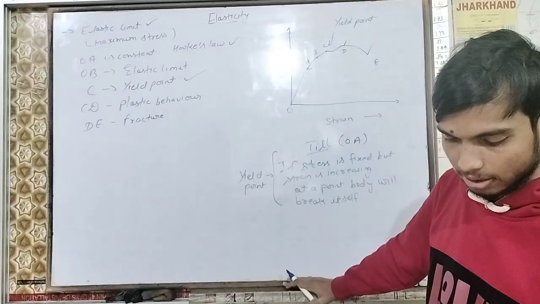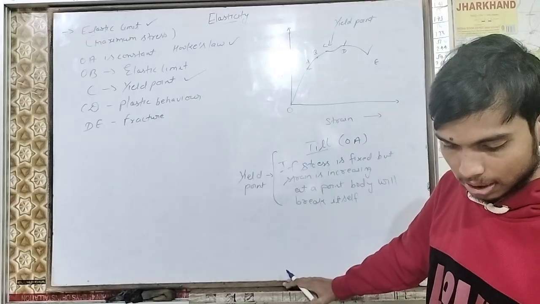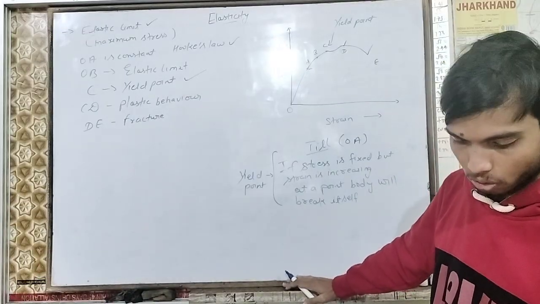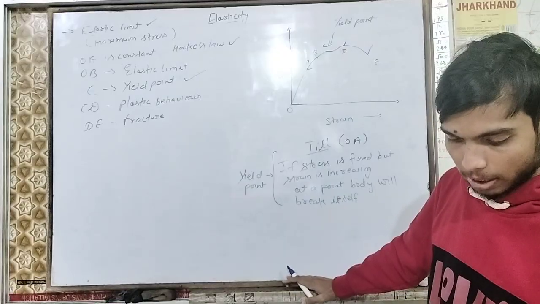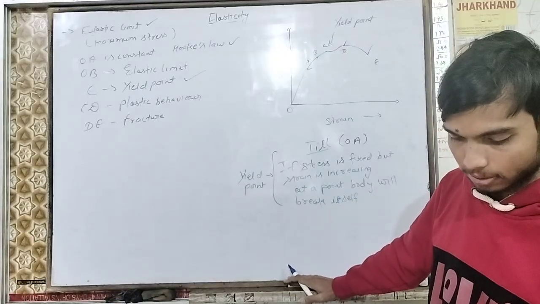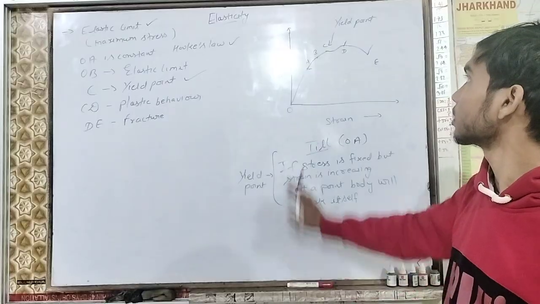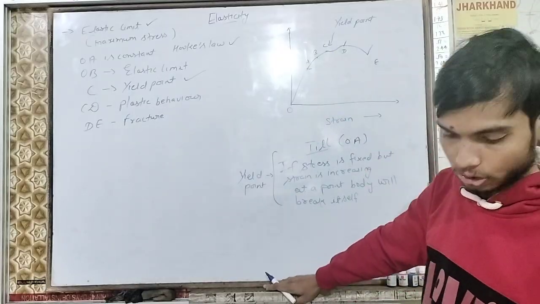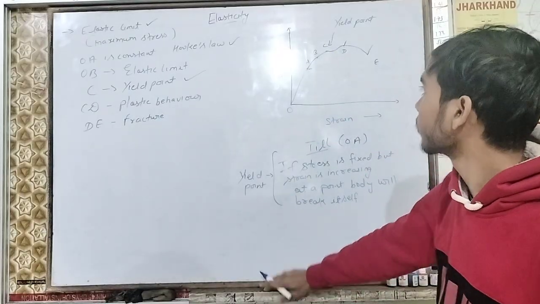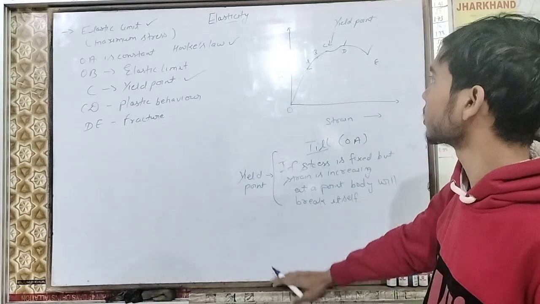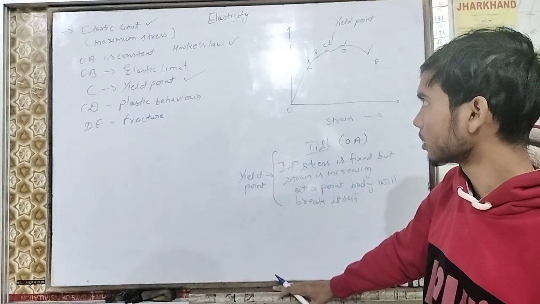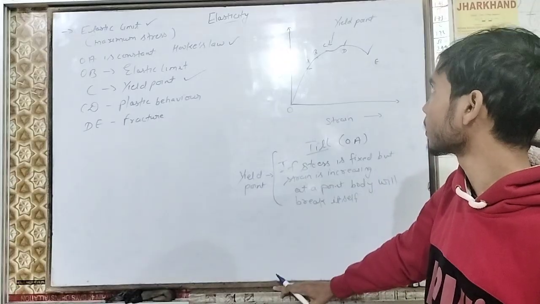The stress corresponding to this point is called breaking stress or tensile strength of the material of the wire. Where is CD? This CD is the range of plastic. Remember, from here to here is the range of elasticity.